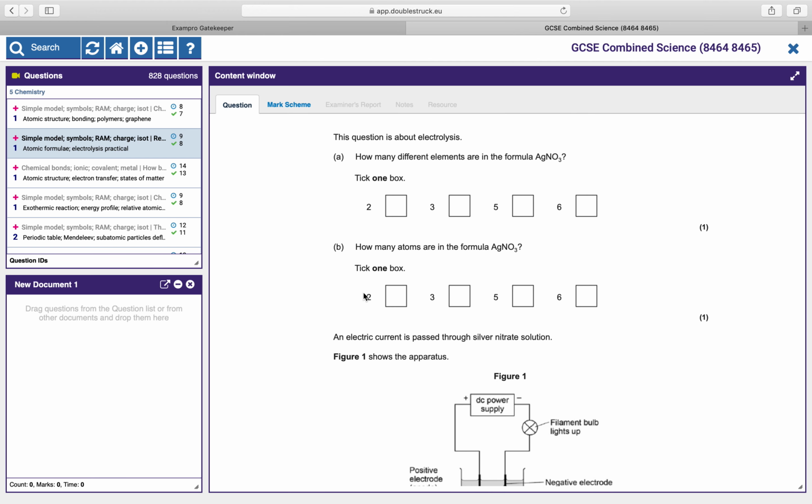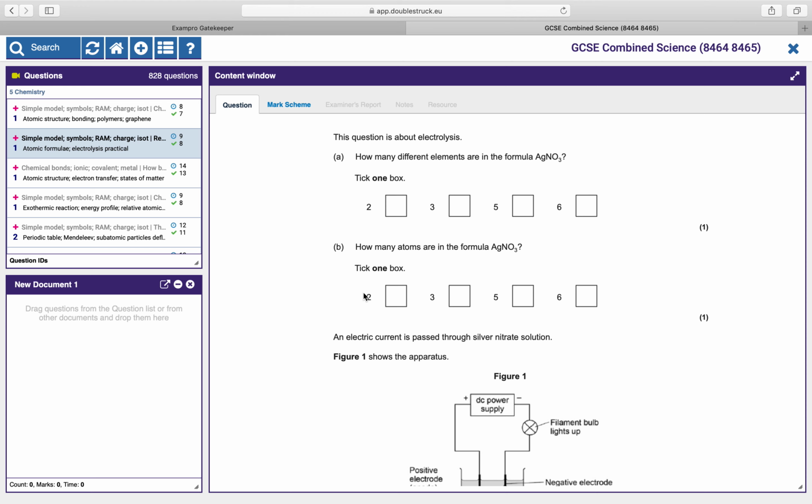How many different elements are in the formula AgNO3? This is the paper one for chemistry. When it says how many elements and how many atoms, you mustn't get mixed up. That's basically the atomic theory.